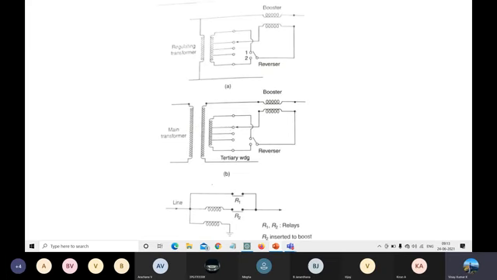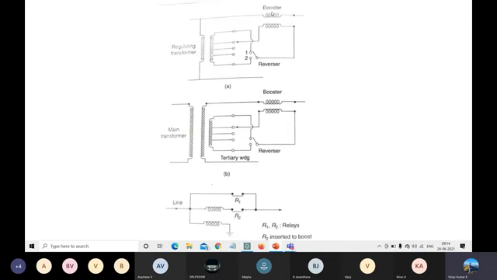Okay. So these are the two different configurations, and here, as I mentioned, the reverse switch reverses the polarity of the injected voltage. That means we are converting the booster transformer into a buck transformer. Okay. And the main thing is the power rating of the buck or boost transformer. So if you are injecting the voltage into the main transformer, it acts like a booster transformer.